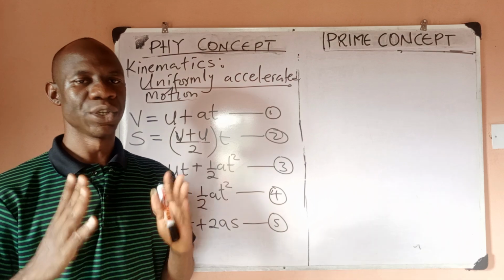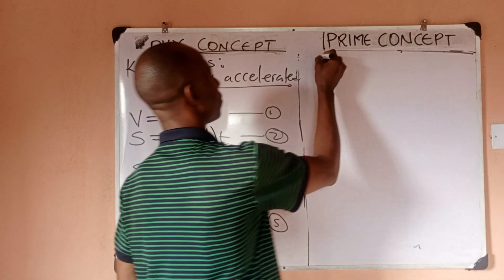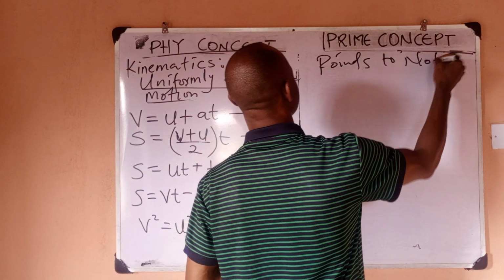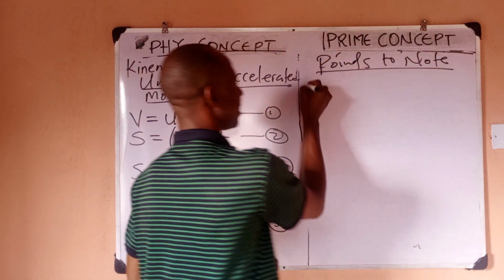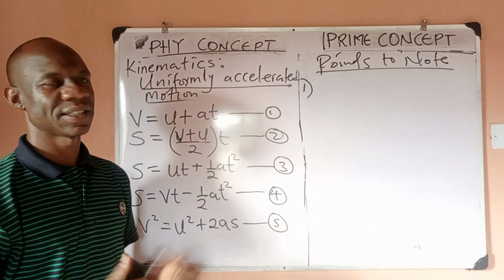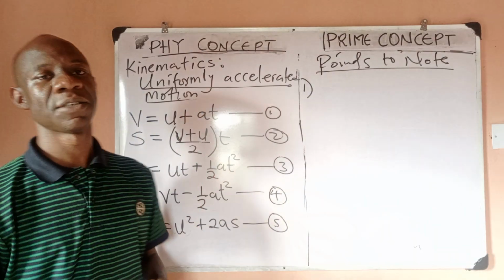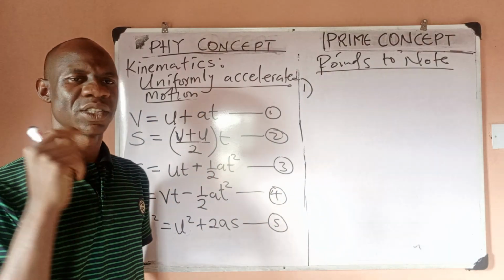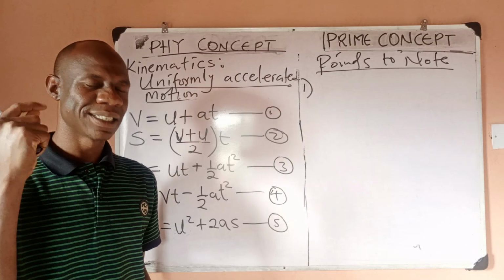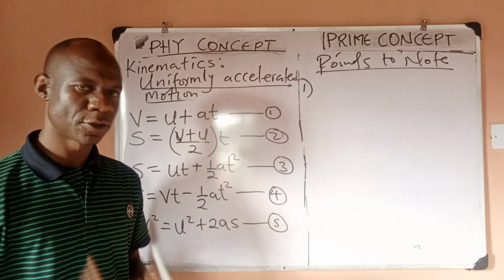Then let's get into important points that can help us solve problems. Points to note. Number one, I've said it casually, so I won't be including it again, which is write out the parameters that are given. Now, very quickly, one of the things you want to know when you're applying this formula is if a question is given and they mention that an object starts from rest, an object moves from rest.